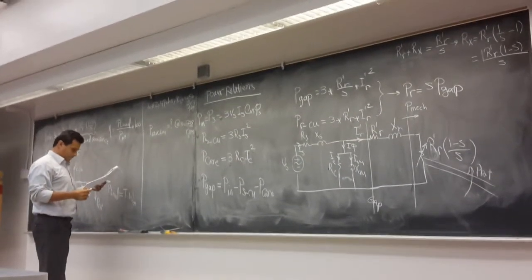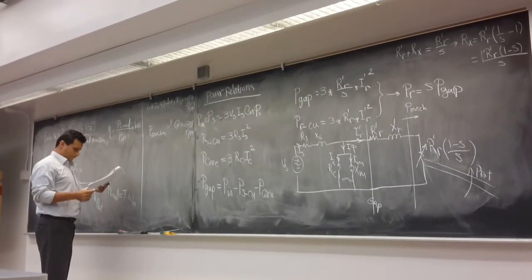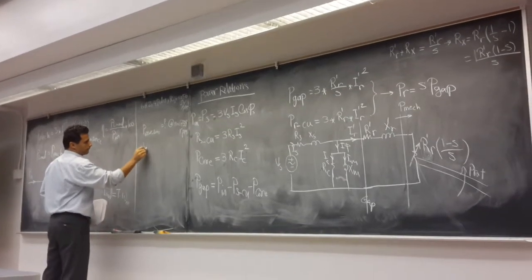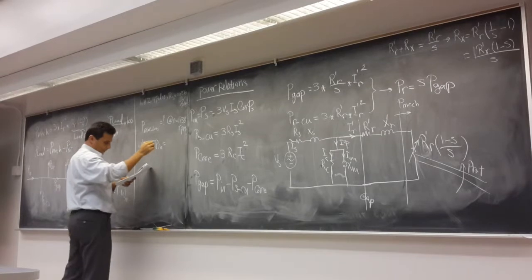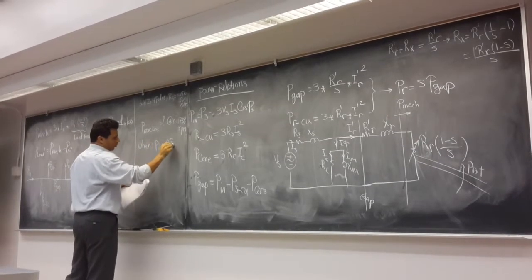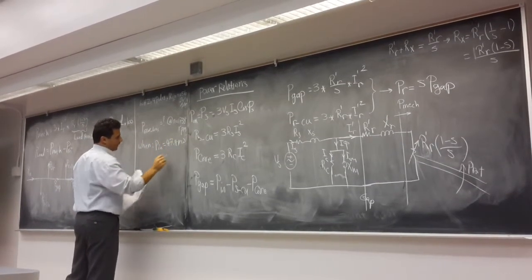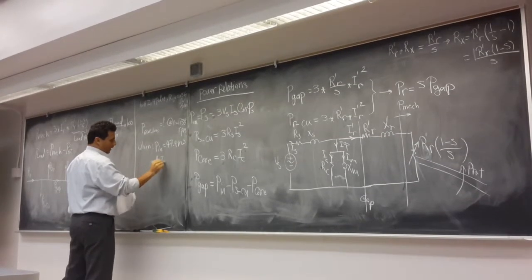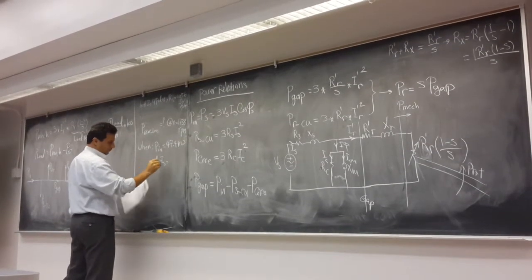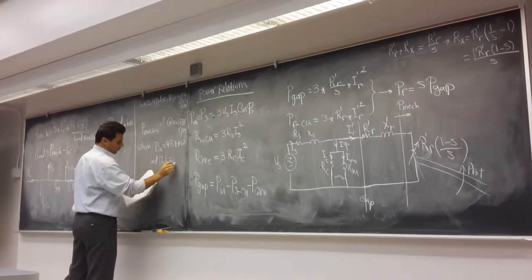So when P in is 47.4 kilowatt and IS is 76.2 amps.